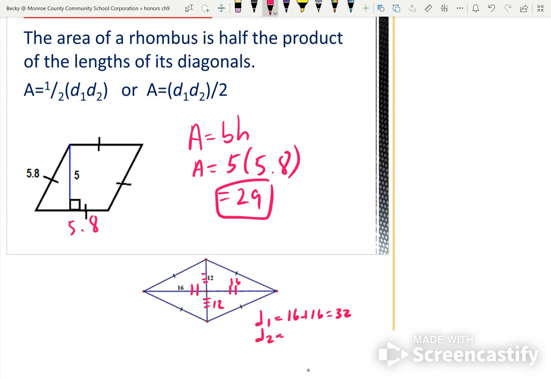The second diagonal is 12 and 12, which is 24. So for my area, I'm going to take 32 times 24 and divide it by 2. So 32 times 24 is 768, and divide that by 2 is 384.